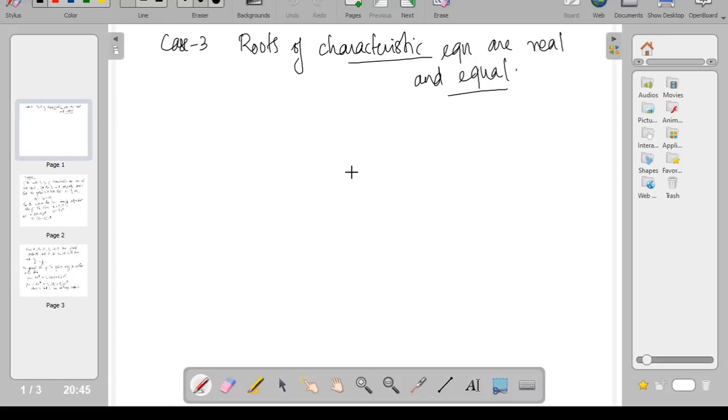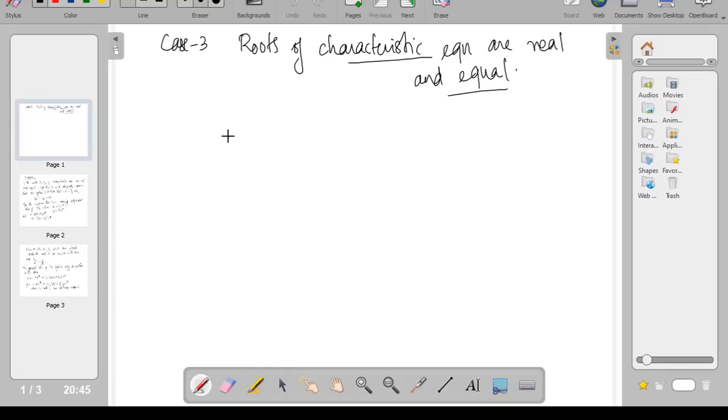Hello, so in today's class we will look at case 3 where the roots of the characteristic equation are real and equal. So we will look at what are the two linearly independent solutions of the homogeneous system when you have characteristic equation having real and equal roots.